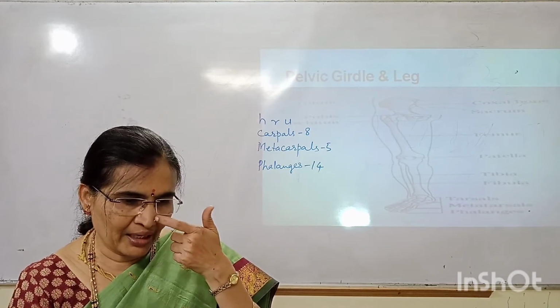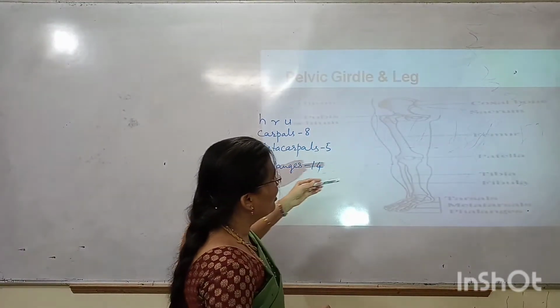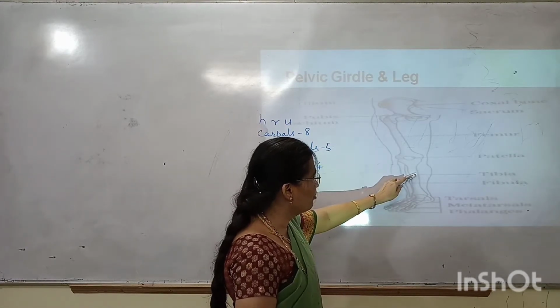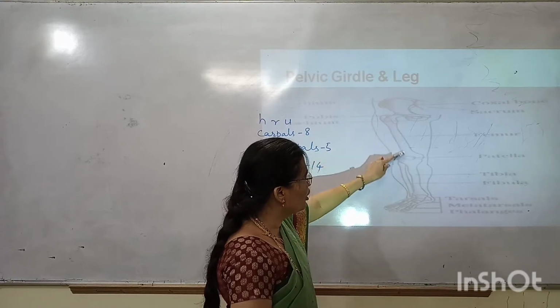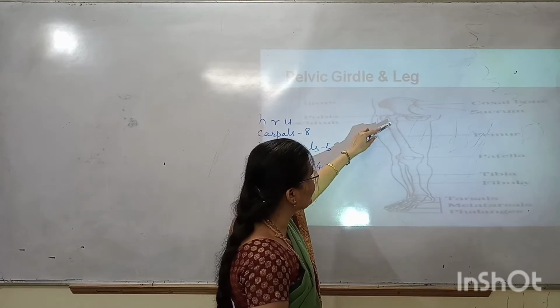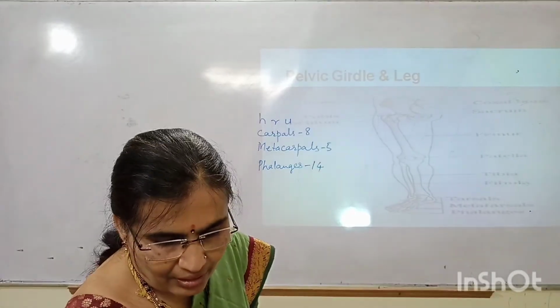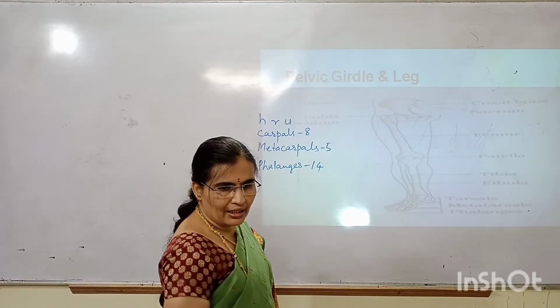Here the femur, tibia and fibula. So these are the bones of legs.